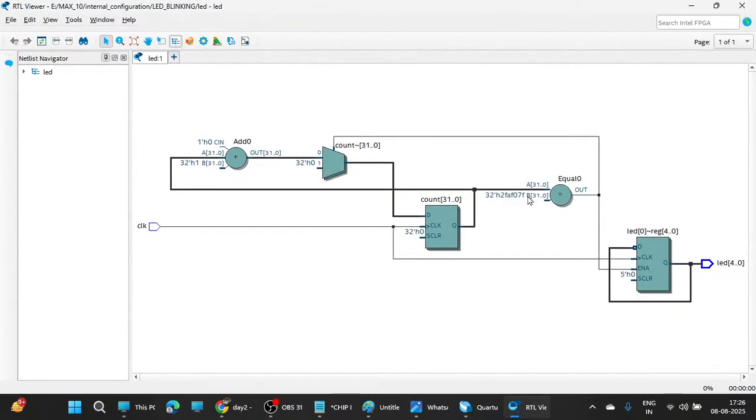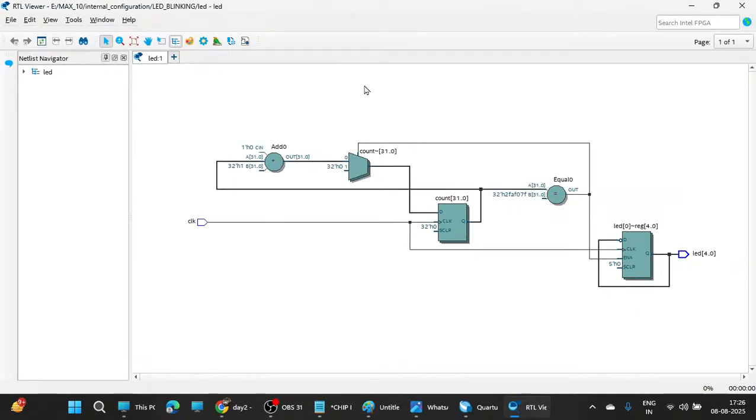I wrote only Verilog code. This block diagram, these flip-flops, this mux, this comparator are made by the tool, not by me. Then this is converted into a binary file. That binary file is written into flash memory, and from the flash memory, the FPGA will work based on your logic only. So this is the main workflow of the FPGA.